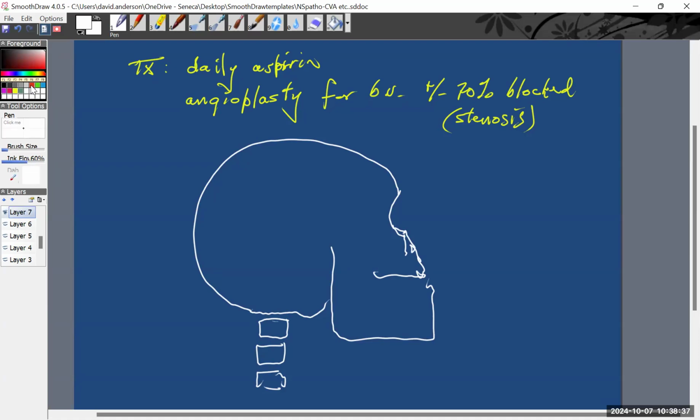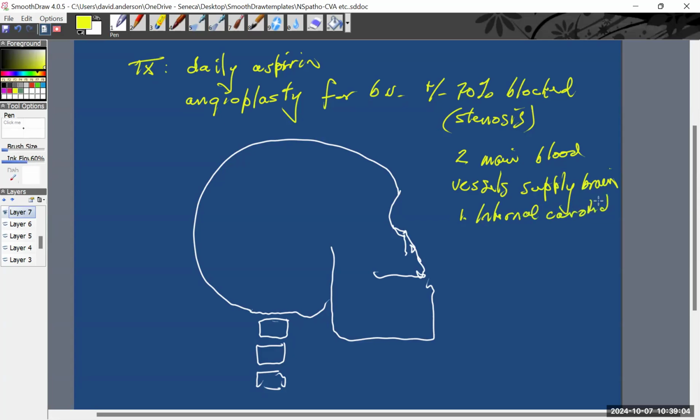So if we want to follow the two main blood vessels that supply the central nervous system within the skull, the internal carotid and the vertebral artery.